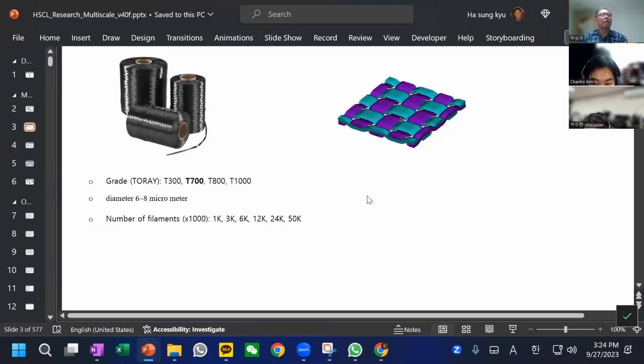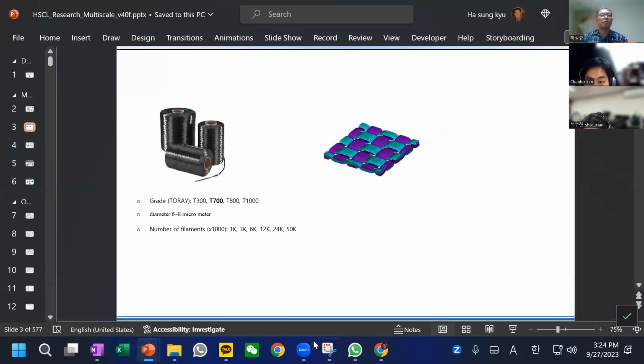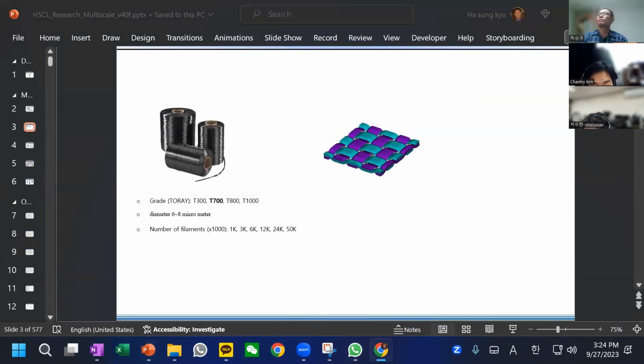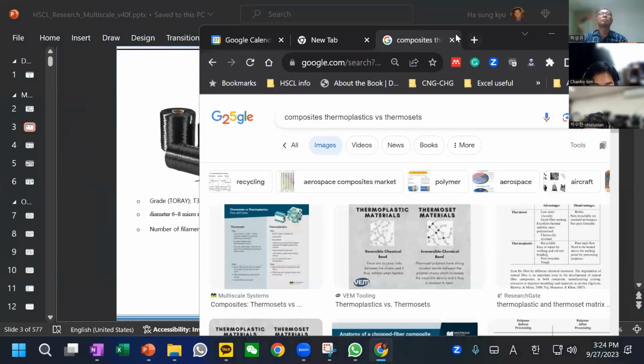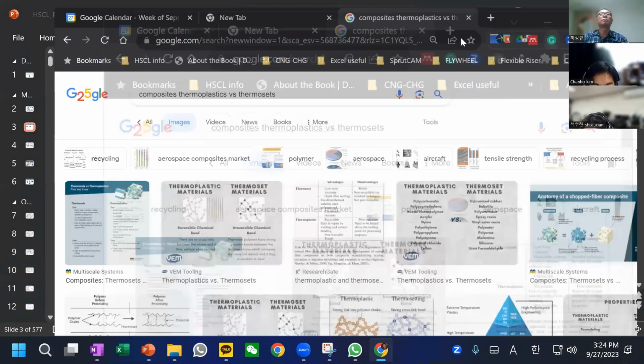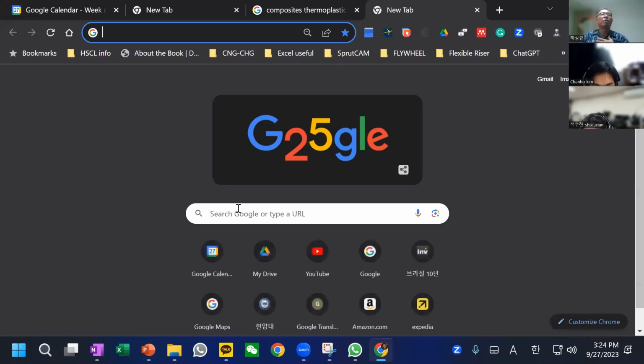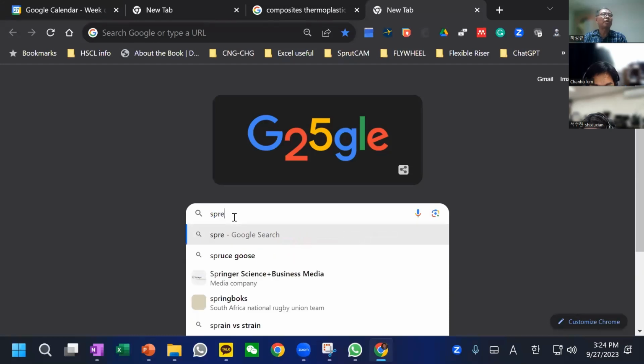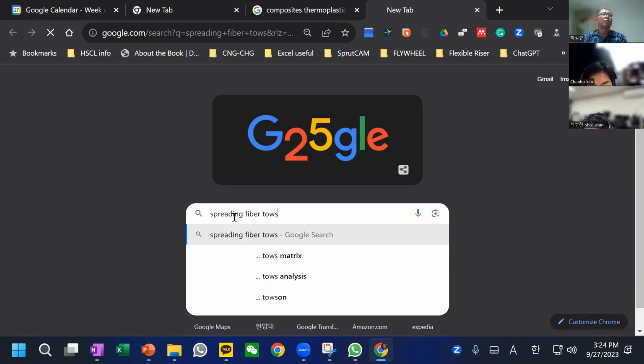Okay, I'd like to mention one point here. To use that carbon bobbin, carbon fiber, we think about spreading the fiber.